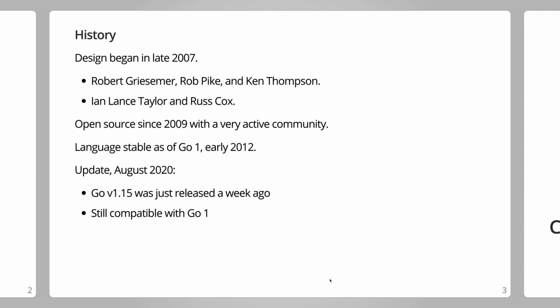A little bit of the history. The design really began with three people, Robert Griesemer, Rob Pike, and Ken Thompson. Rob Pike and Ken Thompson are from Bell Labs originally. Ken Thompson is one of the designers of Unix, and Rob Pike is also one of the people that was heavily involved in the Unix development back in the good days at Bell Labs.